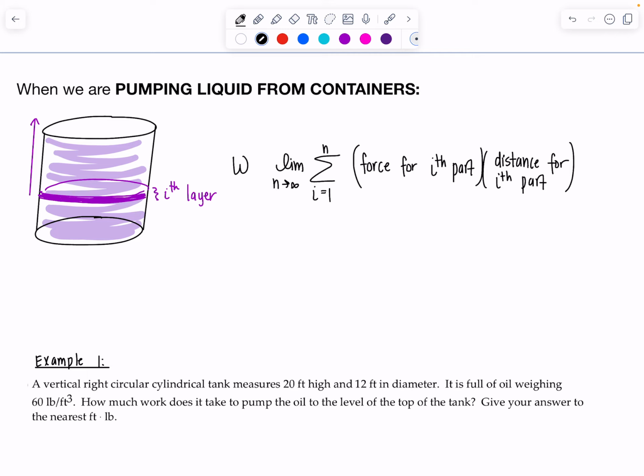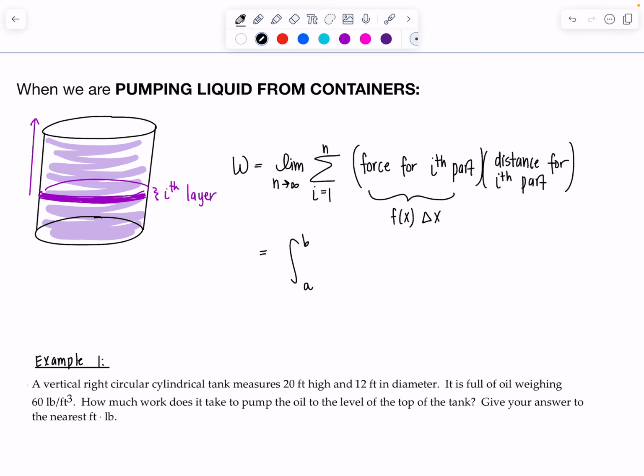You probably haven't looked at this sort of setup since you first learned integrals, right? And you studied Riemann sums, but that's where it's basically coming from. So once I take this limit, I'm going to end up with the integral from a to b. The force for the ith part always works out to be some sort of f of x times delta x.